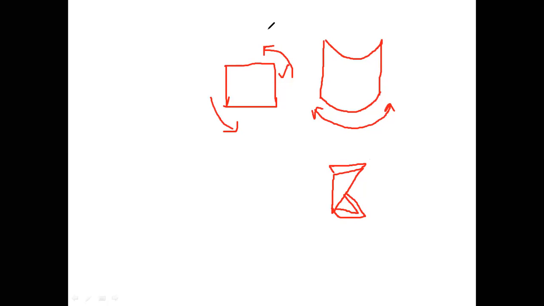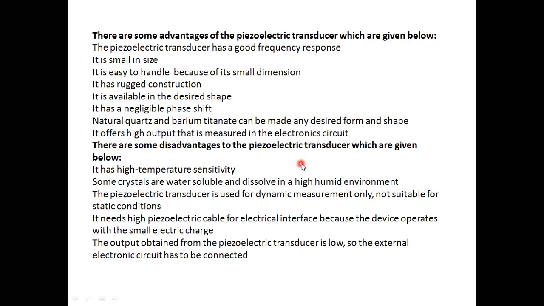So the main applications of these piezoelectric crystals are to measure force, pressure, vibrations, stress, load, etc. And there are some advantages of these piezoelectric crystals.